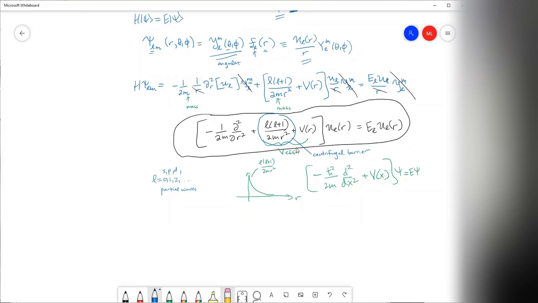It's going from left to right, and this is 0. Yeah, it's like this. It goes to 0 for large r. Right, okay, that's what I thought. That makes sense, because it's a 1/r² potential, and so for large r it goes to zero. I just wanted to make sure.